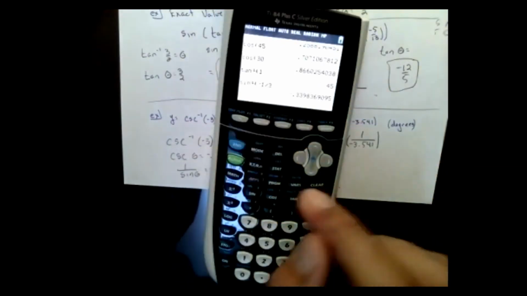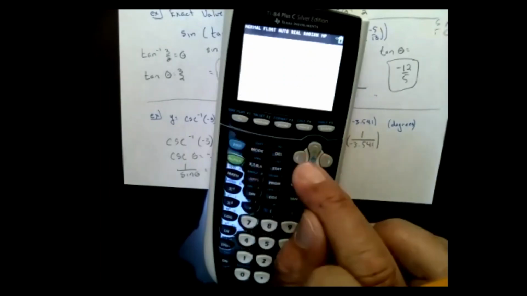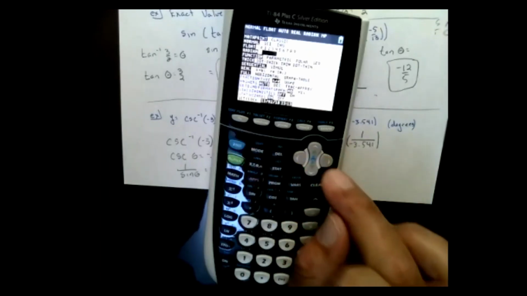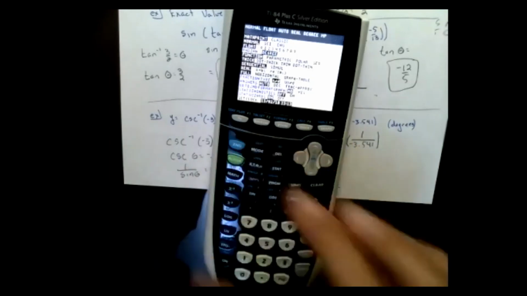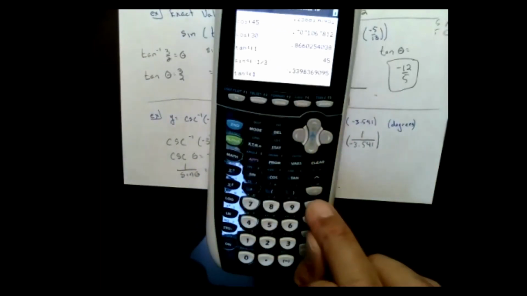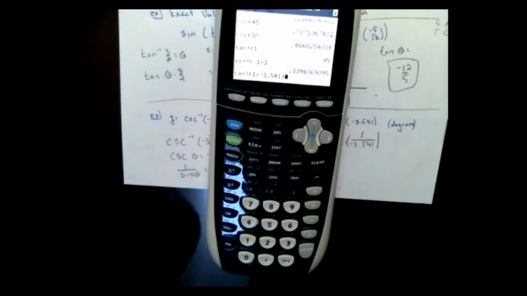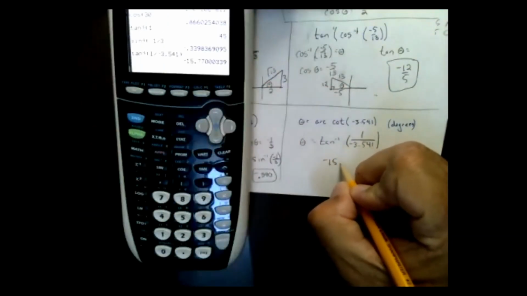First thing I need to do is go back to degrees. Mode. I want to go back down and make sure my calculator is in degrees. Now I want to calculate the inverse tangent. Second tangent, 1 divided by -3.541. -15.770.